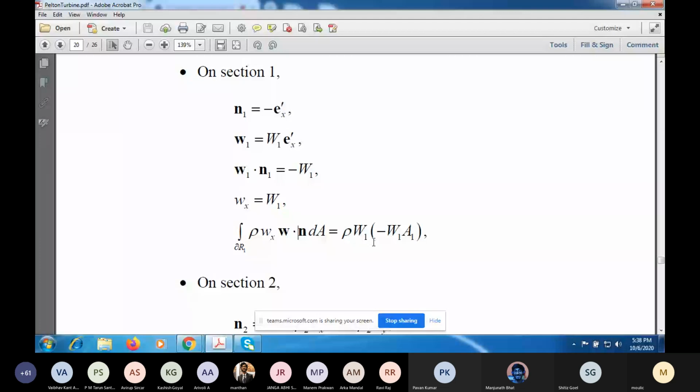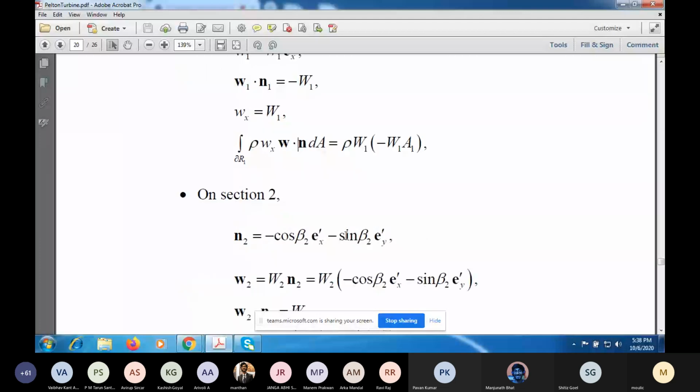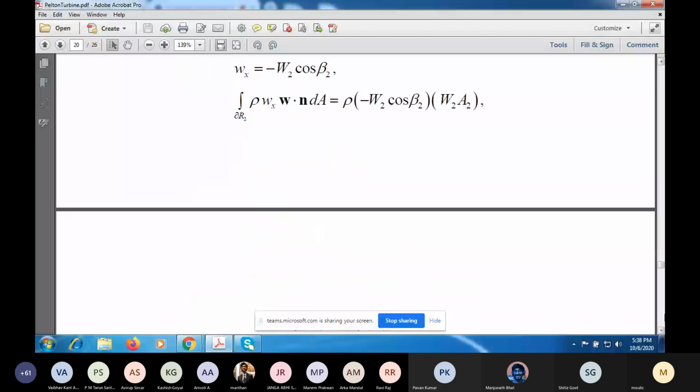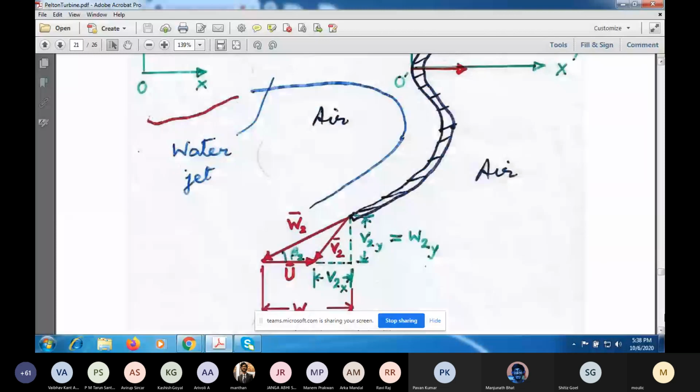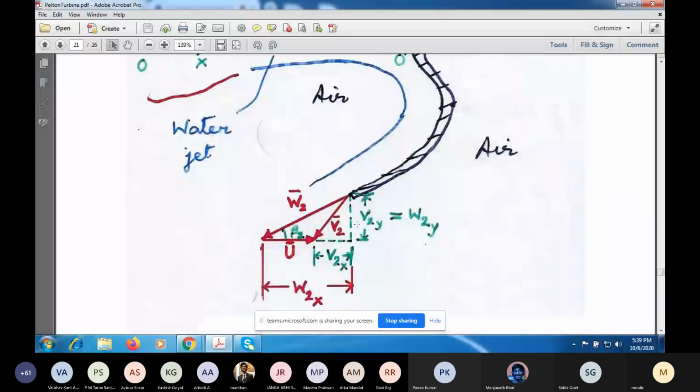Now look at section 2. If I go back to this figure, the normal vector is parallel to this vector W2. So you see that W2 and N have a negative x component and a negative y component.